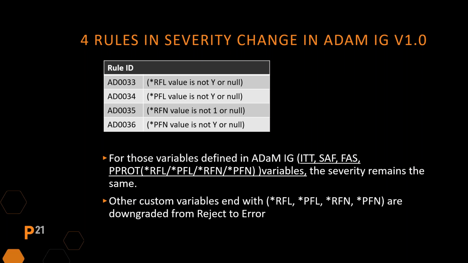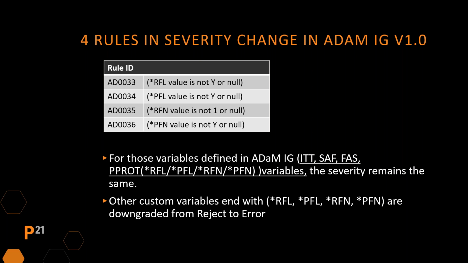There are 4 rules with severity change in ADaM-IG version 1.0. To avoid confusion, I'll start with what doesn't change. Parameter and record level population flags that are defined in ADaM-IG, such as intent to treat record level flag or intent to treat parameter level flag, those severities remain as reject.